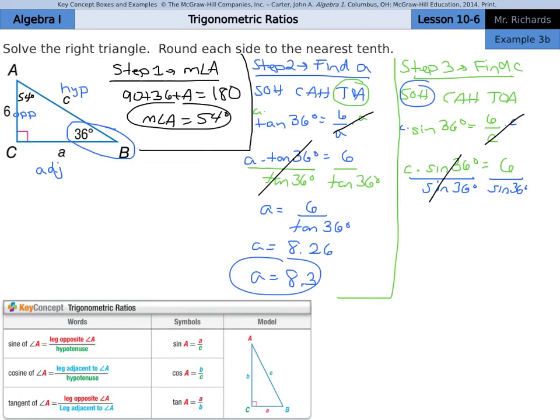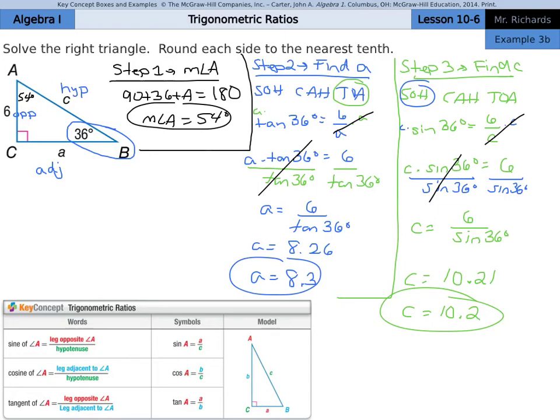And C is going to equal 6 divided by the sine of 36 degrees, and 6 divided by the sine of 36 is going to end up with 10.21, and rounded to the nearest tenth, C is 10.2.